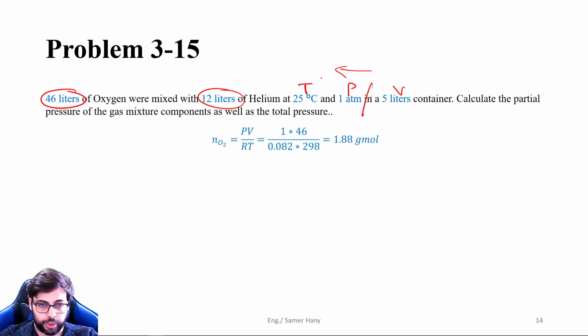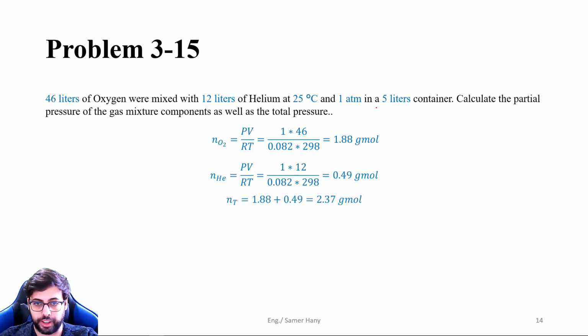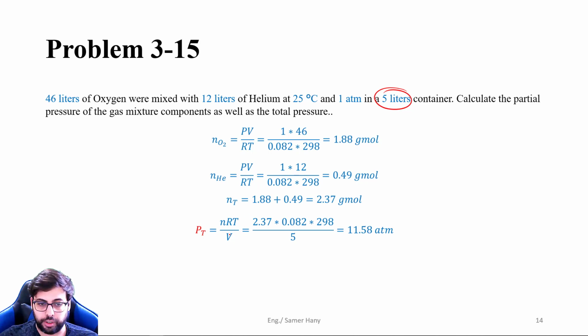Alright, so the first thing we do is get the number of moles for oxygen and for helium, and once we have the total number of moles of gas that needs to go into the 5-liter container, we can just get the total pressure inside the 5-liter container, nRT over V.